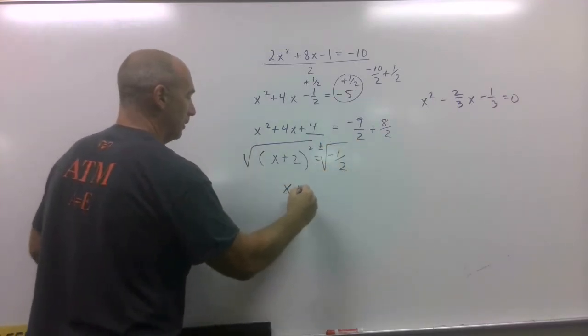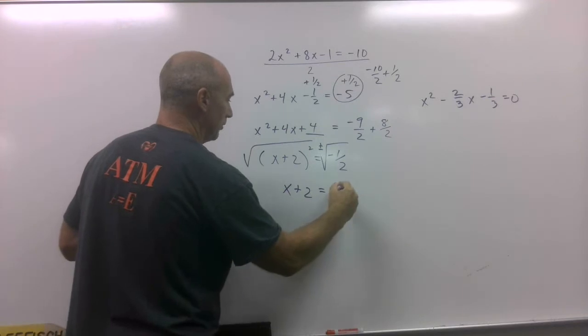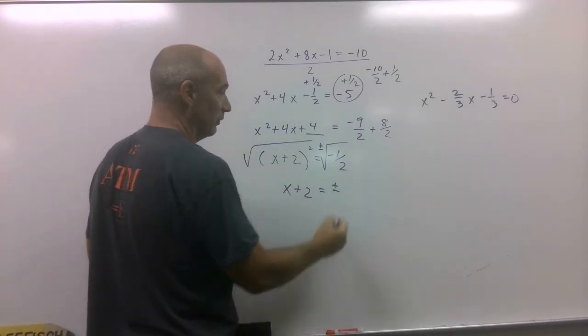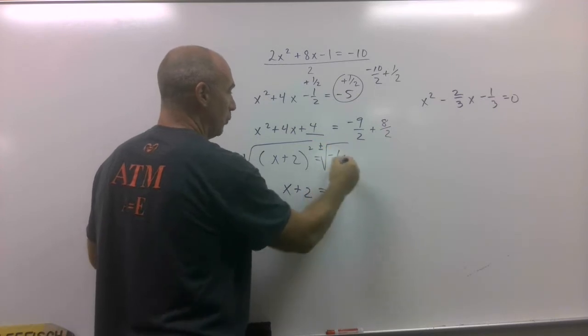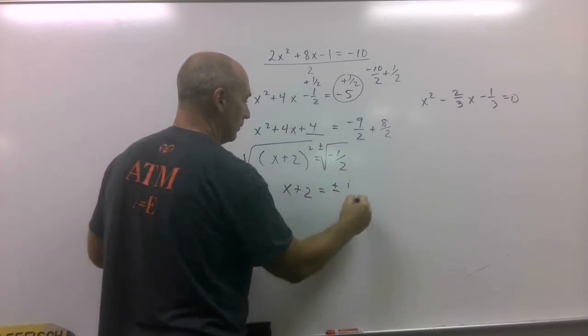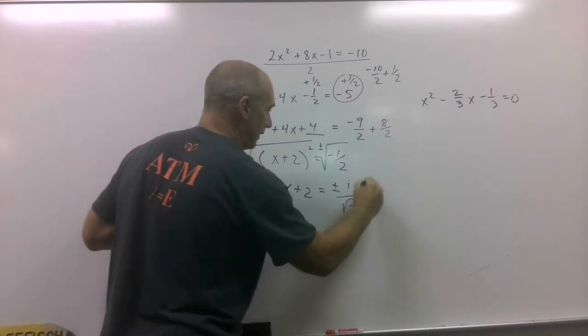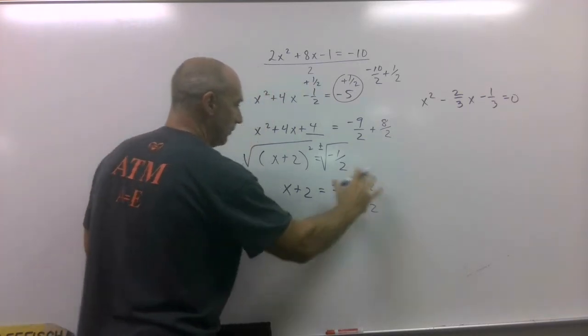So I get x + 2 equals, plus or minus, now watch this. I'm going to kill two birds with one stone. The square root of a negative 1/2 is just i over the square root of 2. I'm going to get that radical out of the denominator and clean this thing up.